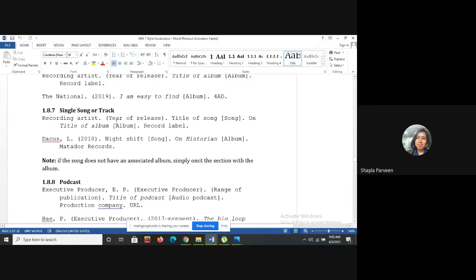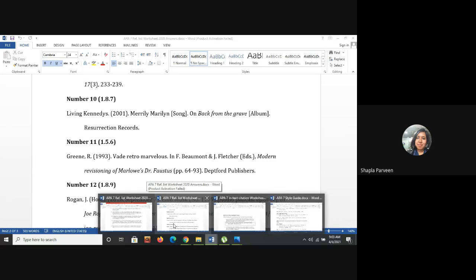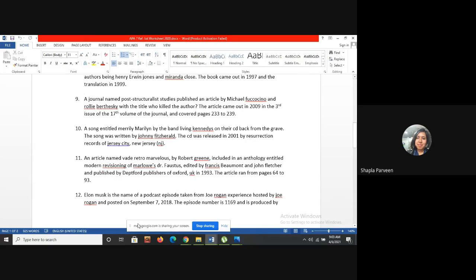Okay, so the rule is: recording artist, year of release, title of the song, on title of the album, the record label. So recording artist. Okay, so that's the rule. Basically the band name was given at the beginning.